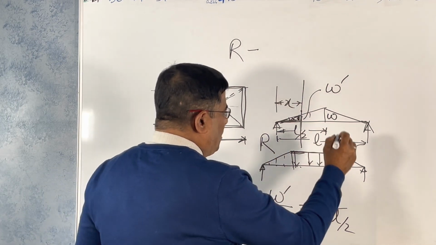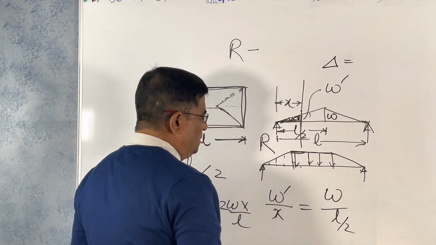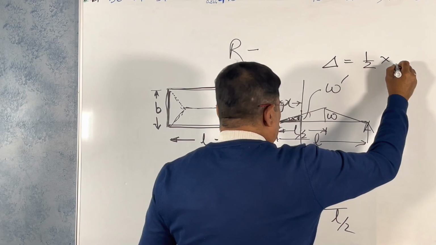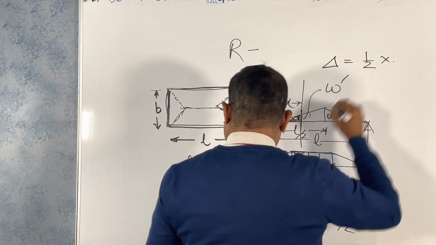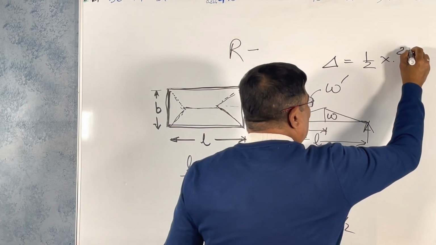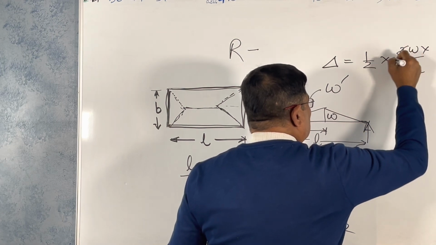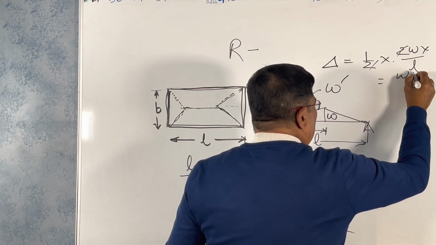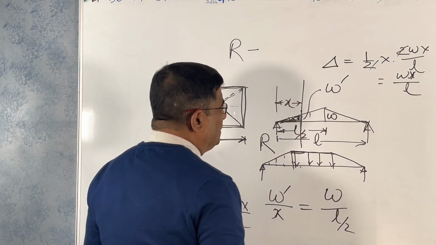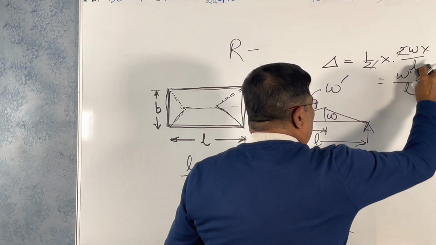Area of the triangle equals half of base x, times height 2Wx over L. These two cancel, giving Wx over L, and this x will make it a square.